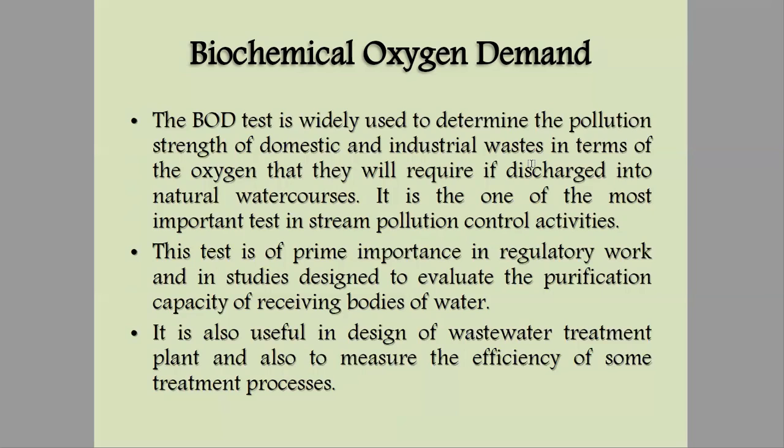We need to find out the pollution extent, then we will calculate the BOD. And what will BOD tell us? It will tell us the quantity of oxygen that the sample requires if it gets discharged into a natural watercourse. So we need to analyze whether we are supplying them with that quantity of oxygen or not. If not, then it could harm the life in that natural course also.